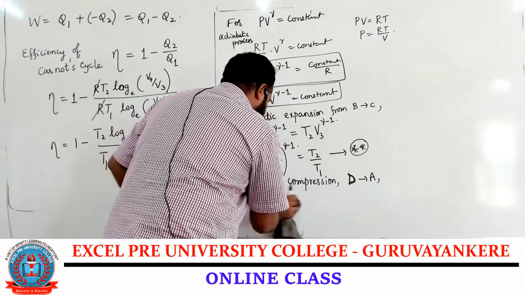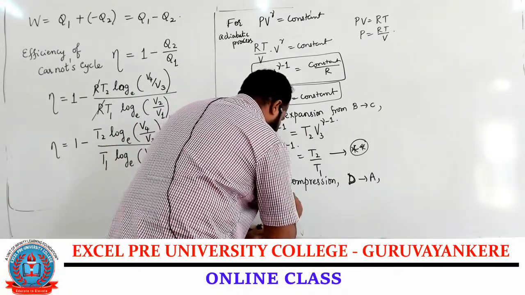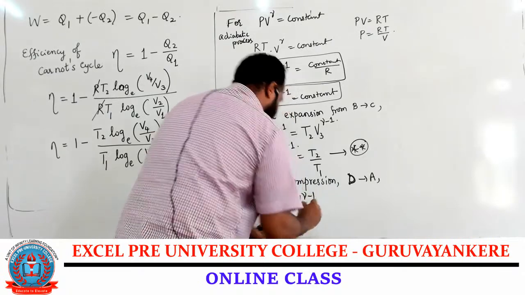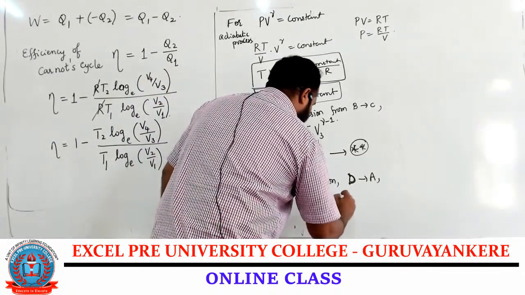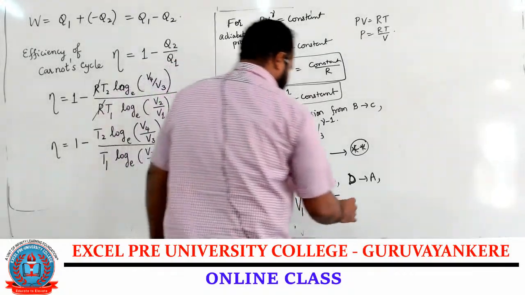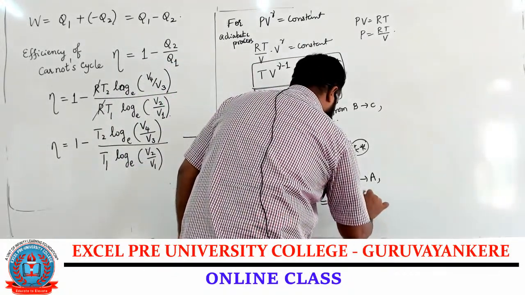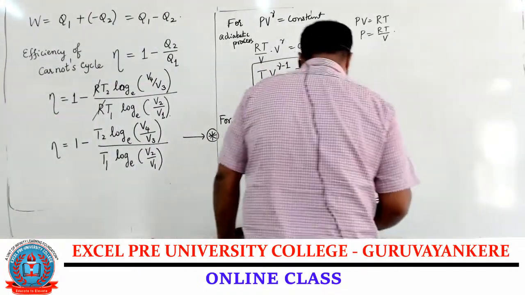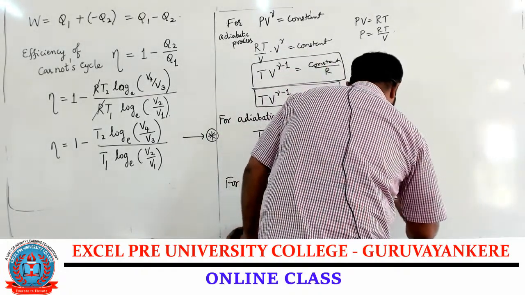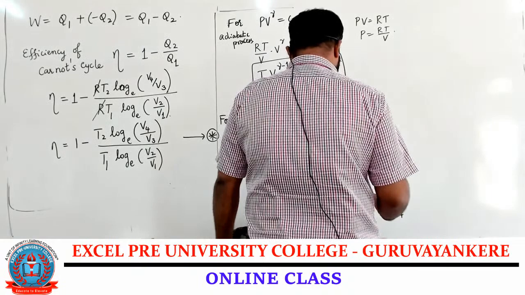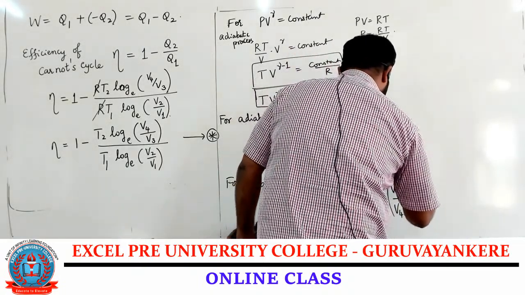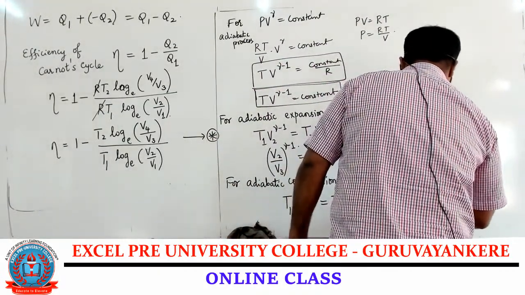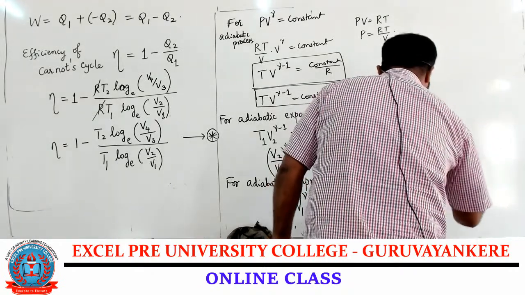So T1 V1 to the power gamma minus 1 equals T2 V4 to the power gamma minus 1. That implies V1 by V4 to the power gamma minus 1 is equal to T2 by T1. This is another result.